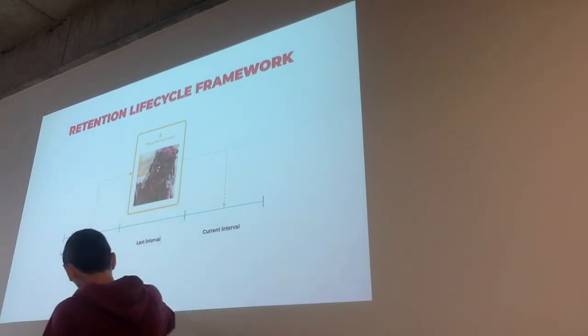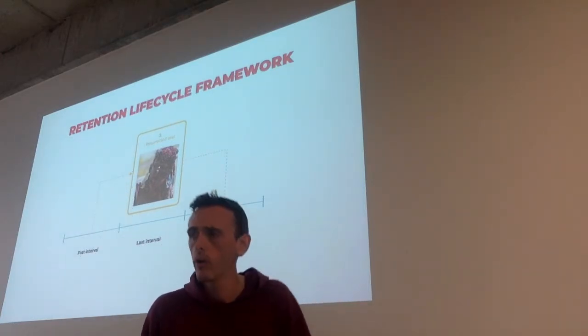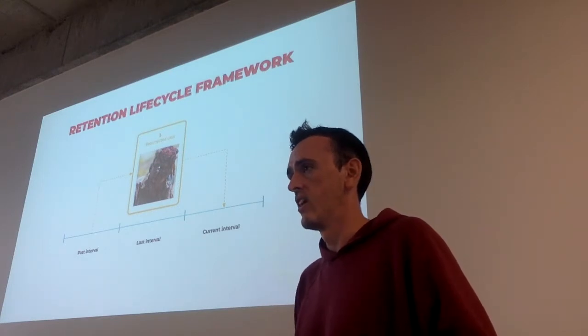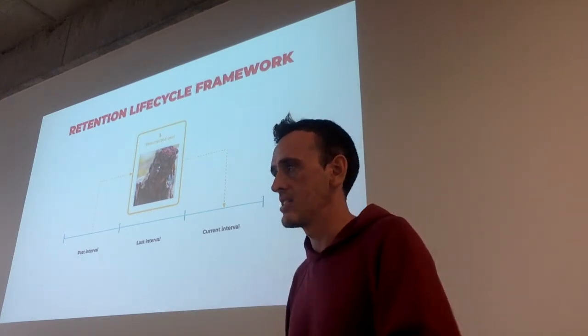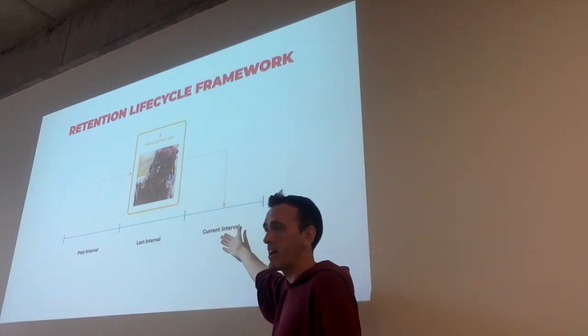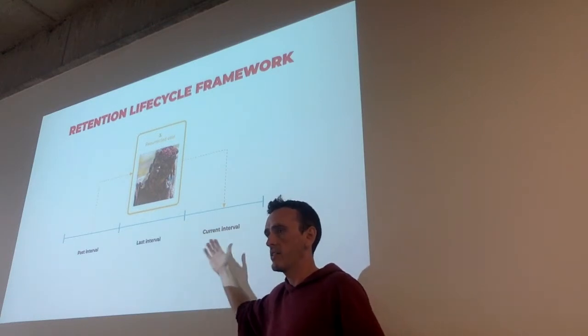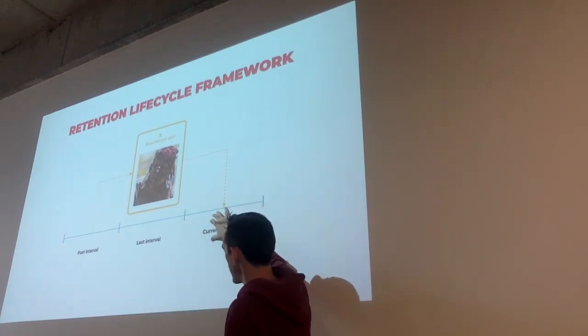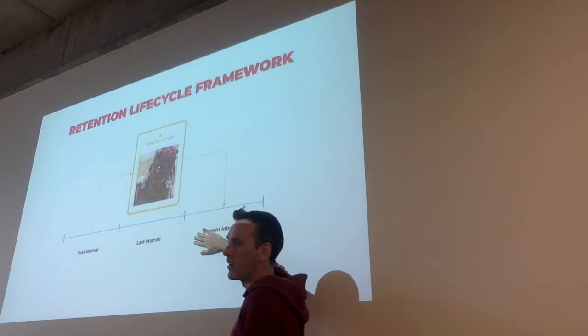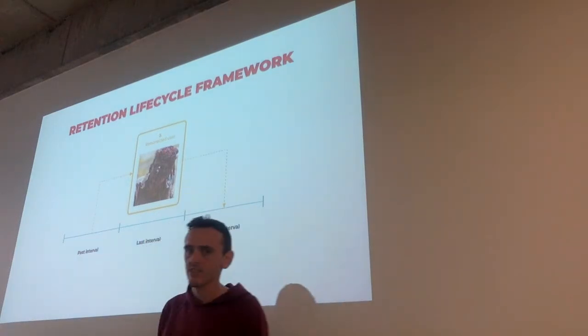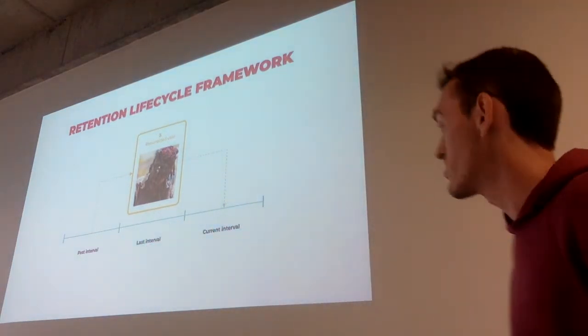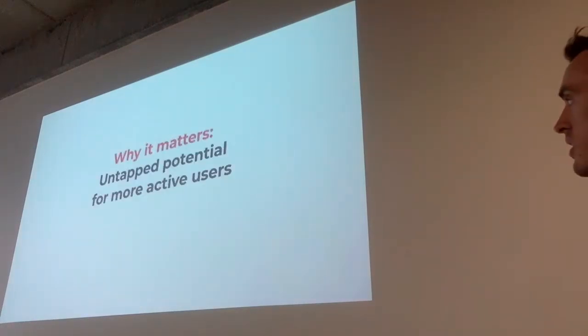So the past interval could be 4 months ago, it could also be 2 years ago, it's just in the past. Because if they're not in the past, then they're, by definition, a new user. So what makes them resurrected is the fact that they decided this month to come back. Prior to that, they would just be in the past interval. So a resurrected user is defined by current interval and past interval.